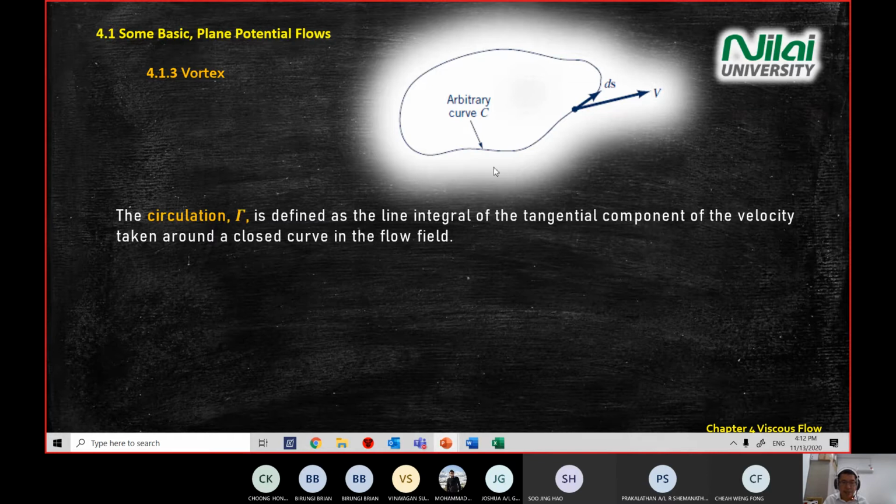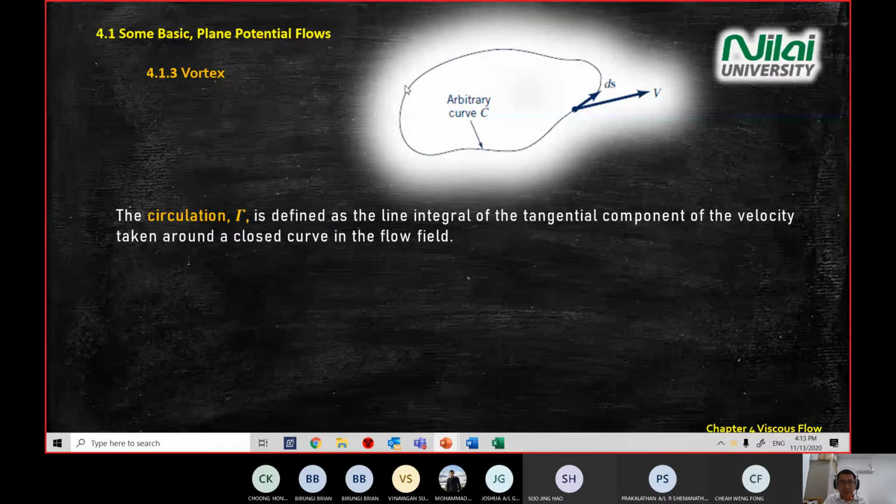The circulation is defined along a line that you see inside the diagram. It means that ds is the change of distance, and V is the absolute velocity. So if you have all the points that have the same component of the velocity, then you combine all these points together, you get a line, and your velocity will move in circulation.